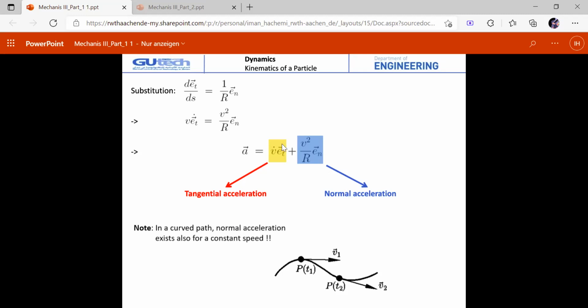But there is always this part, which is time independent, for the velocity on the curved path, circular or curved in general. In this case, there is always a component of acceleration in this direction, which depends on the velocity squared divided by the radius r, multiplied by the unit vector in the normal direction.